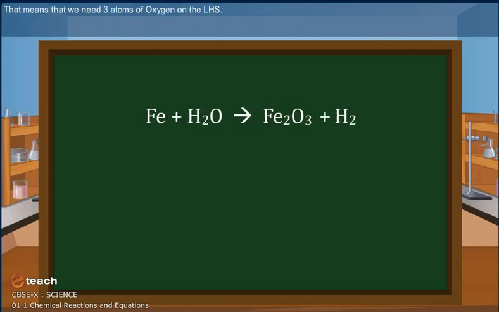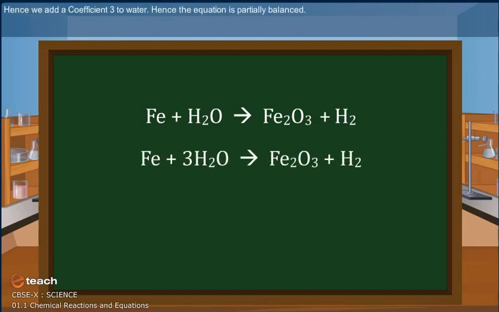That means we need 3 atoms of oxygen on the left-hand side. Hence, we add a coefficient 3 to H2O, that is water. Hence, the equation is partially balanced.